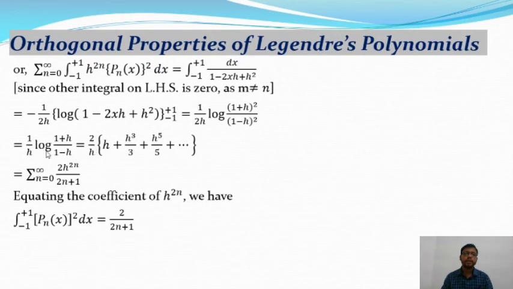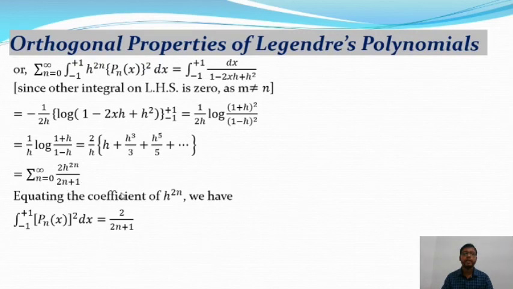After expanding the log function as a series, we get 2 by h into (h + h³/3 + h⁵/5 and so on up to infinity). We can write this series in compact form, that is, the summation over n = 0 to infinity of 2 into h^(2n) by (2n + 1).